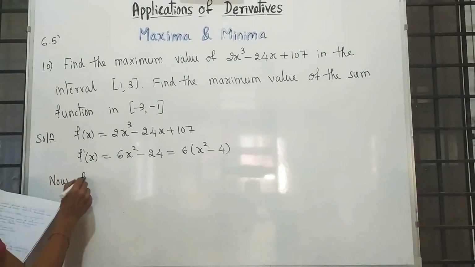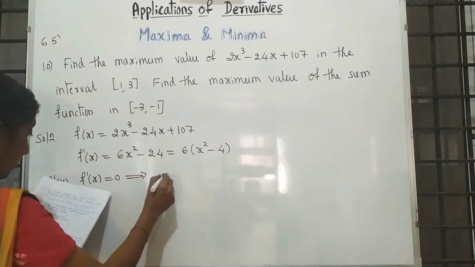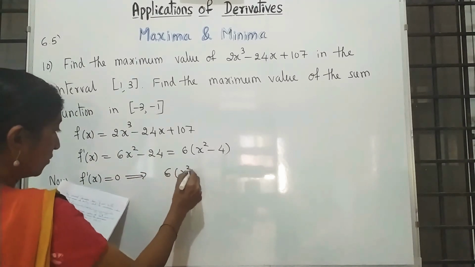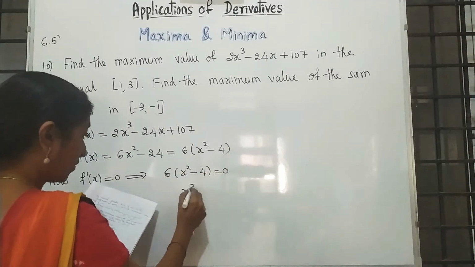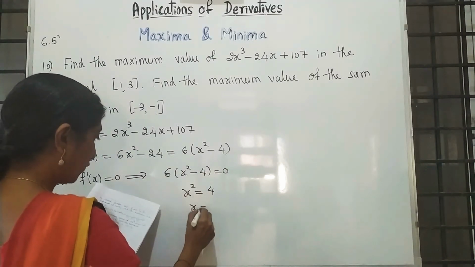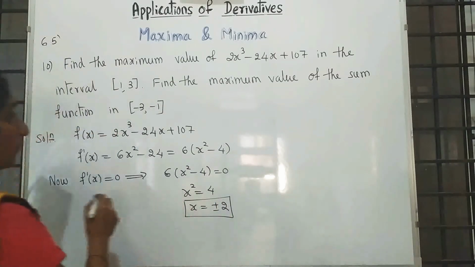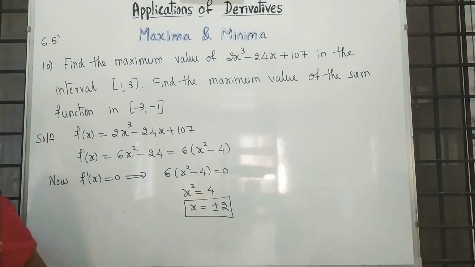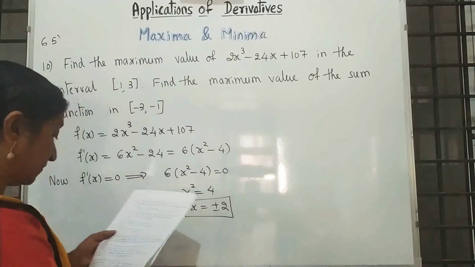Now f dash of x is equal to 0 implies 6 into x square minus 4 is equal to 0, or x square is equal to 4, x is equal to plus or minus 2. Out of the two values, in the first interval 1,3, plus 2 belongs to the interval.